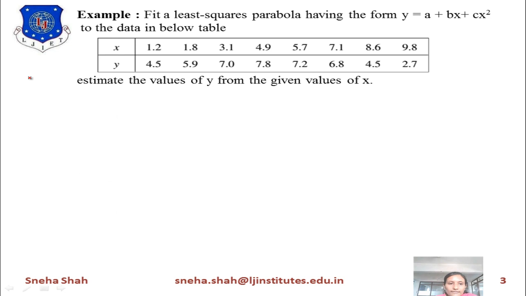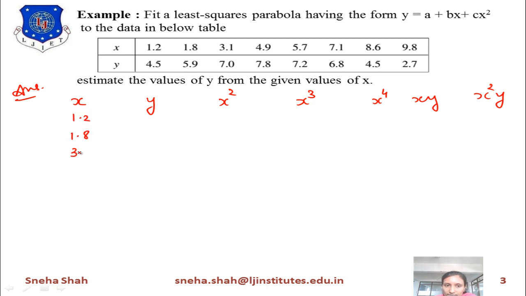So I am starting this by writing x, y, x square, x cube, x raised to 4, xy and x square y. So x will be written like 1.2, 1.8, 3.1. This one is given to you, right? So I will write in column form 5.7, 7.1, 8.6 and 9.8.